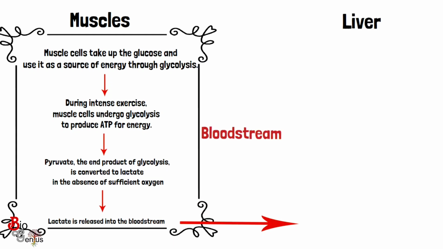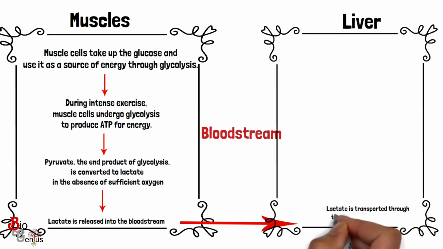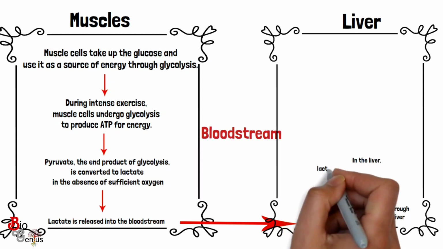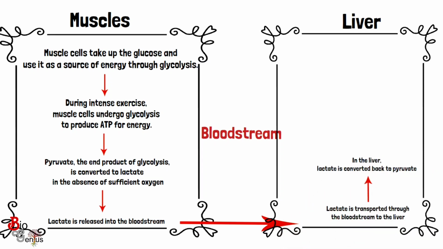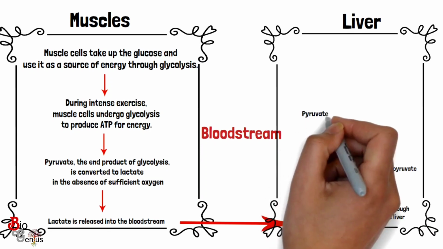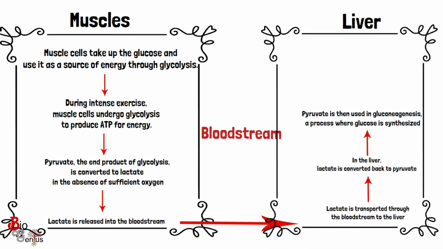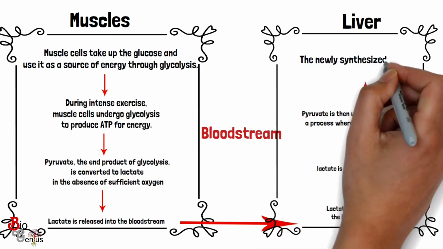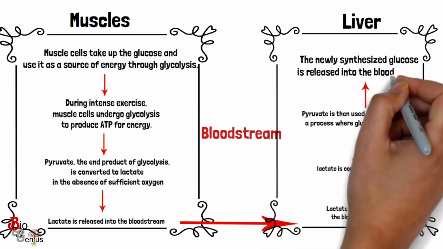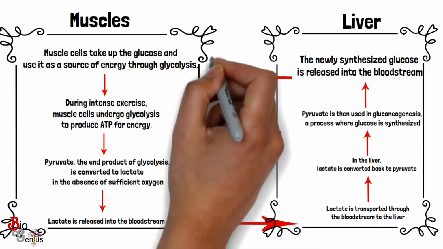Then, lactate is transported through the bloodstream to the liver. In the liver, lactate is converted back to pyruvate. Pyruvate is then used in gluconeogenesis, a process where glucose is synthesized. The newly synthesized glucose is released into the bloodstream. Again, that glucose is taken up by muscles.